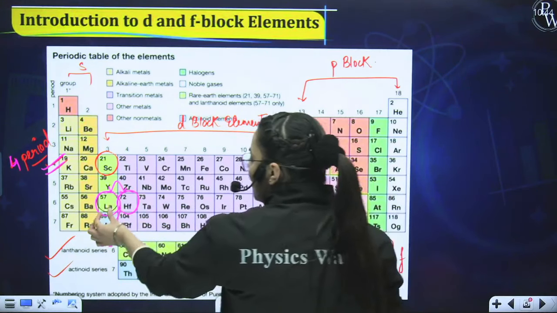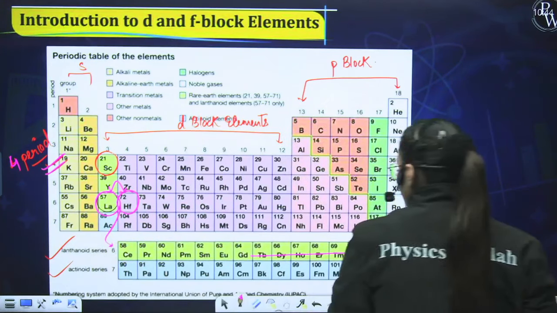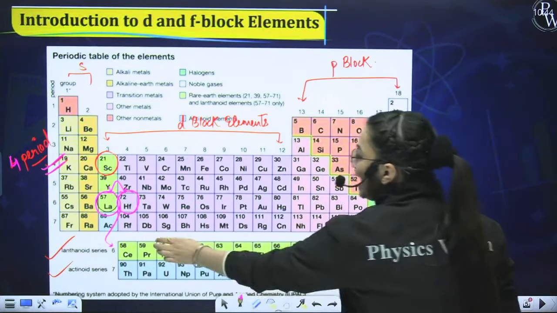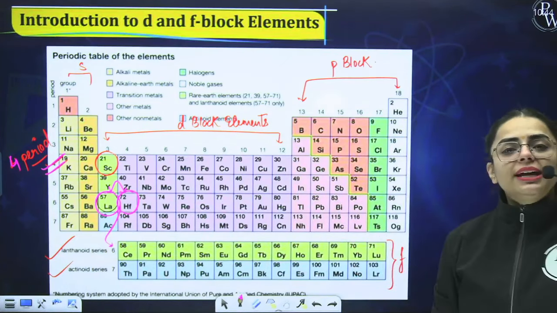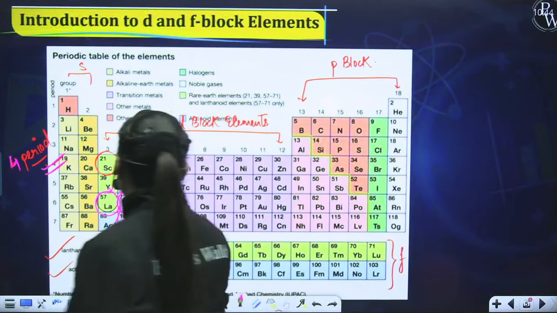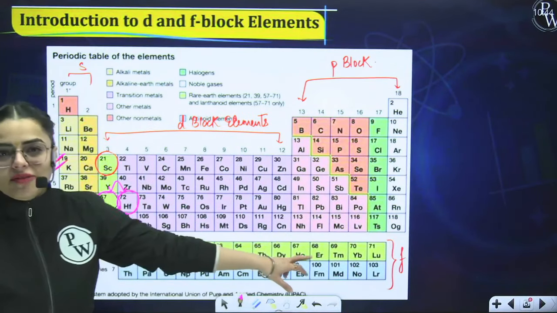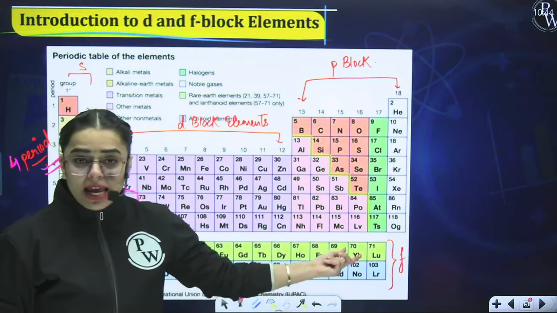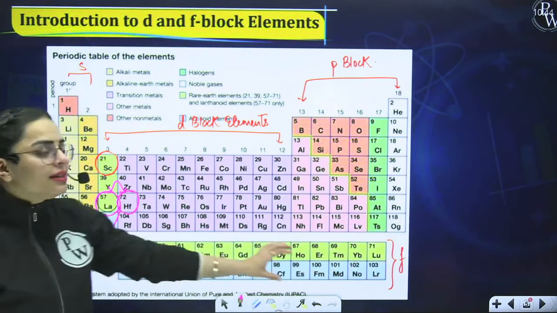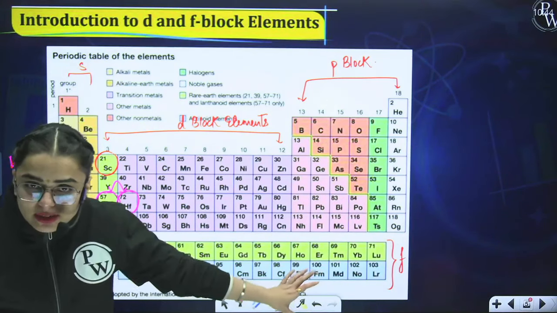That means after lanthanum, the elements over here come under the category of whom? The F block elements, till atomic number 71. Are you getting my point? From atomic number 58 to atomic number 71, that means from cerium proceeding to lutetium, which is 71, they lie under the category of F block elements. Are you getting my point?